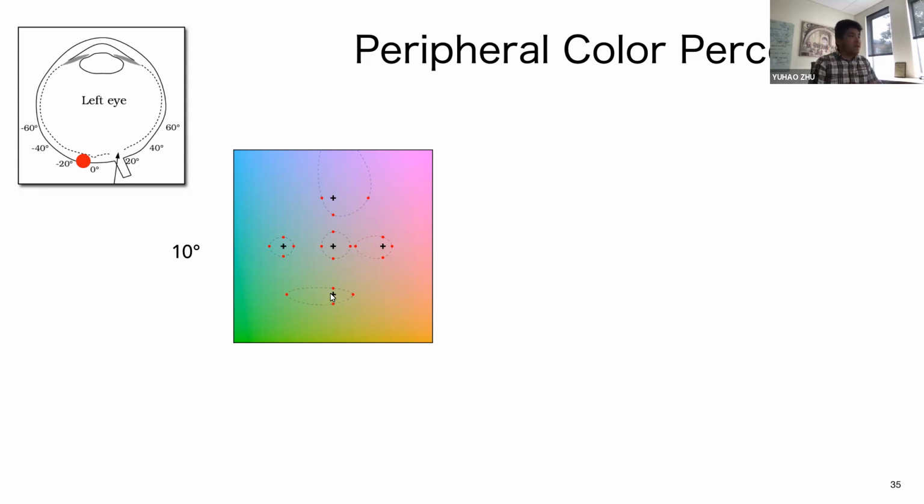You'll see these crosses. If you look at this ellipse, the cross is the reference color, and all the colors within the ellipse are perceptually the same as the reference. Similarly, the data here shows that all the colors in this ellipse are perceptually no different from the reference color here.